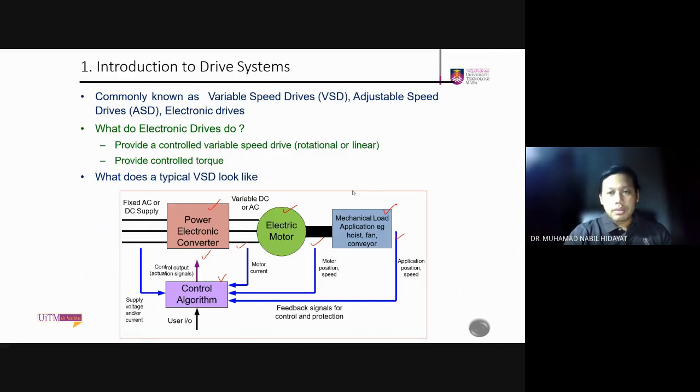So you will sense the position, the speed, the motor current. All these signals will be sent to the control algorithm, or the microprocessors. The microprocessors will dictate, based on our input speed or our input torque, the right switching signal to the power electronic converters.